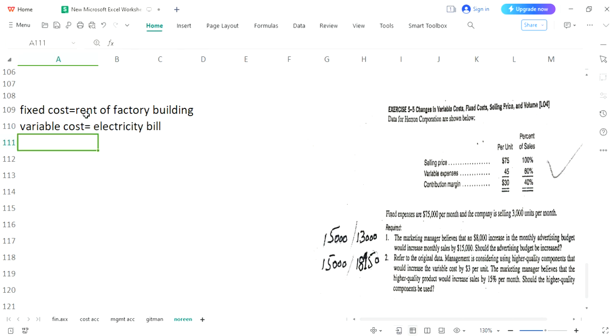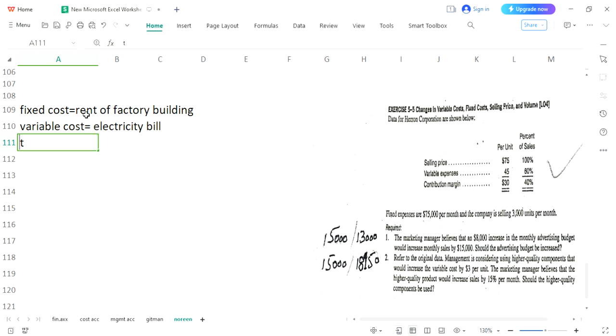You will increase your sale, you will increase your number of workers, you will increase your level of production, you will increase your hours to be worked in the factory, electricity bill will be increased. And let's say you have taken off, no worker is present, no machinery is being operated, your electricity bill will be decreased. This is your variable cost.